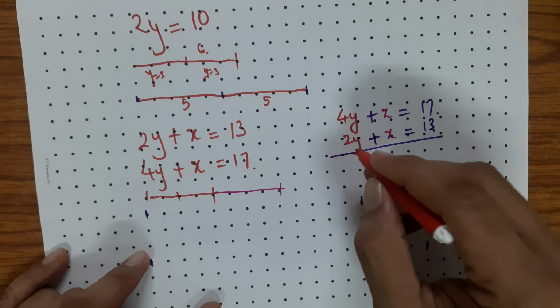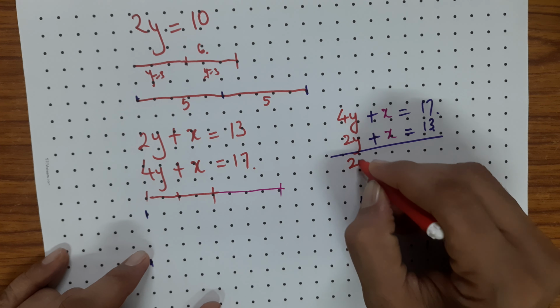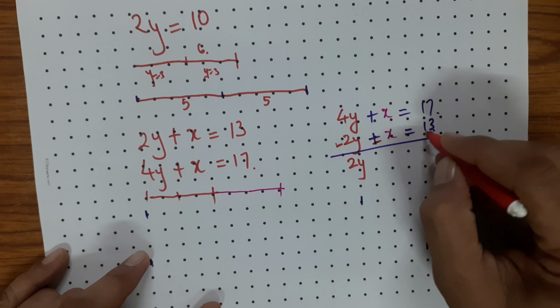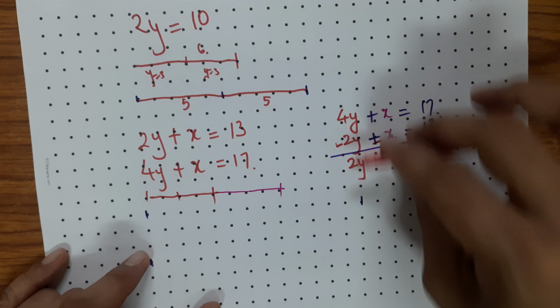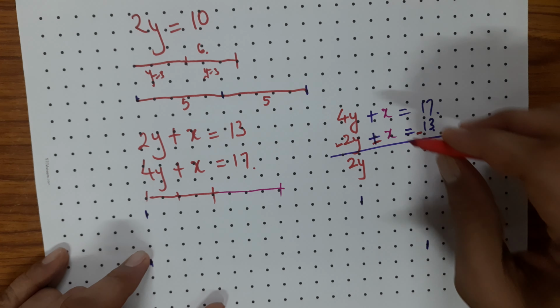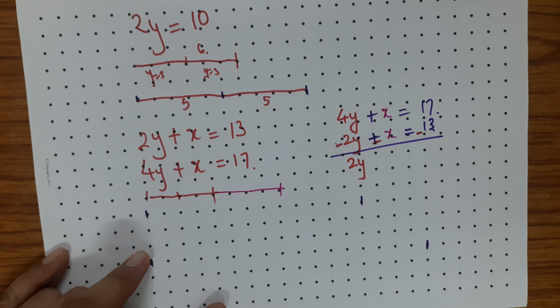So when I do this minus this, I'll be left with 2y. A shortcut to that is, if the number is positive, you make it negative. If here also it's positive, here also it's negative, and then you just add. But it's the same thing, you're removing 2y from 4y, however you look at it. So 2y is left. This is all the same, so the x's get cancelled.